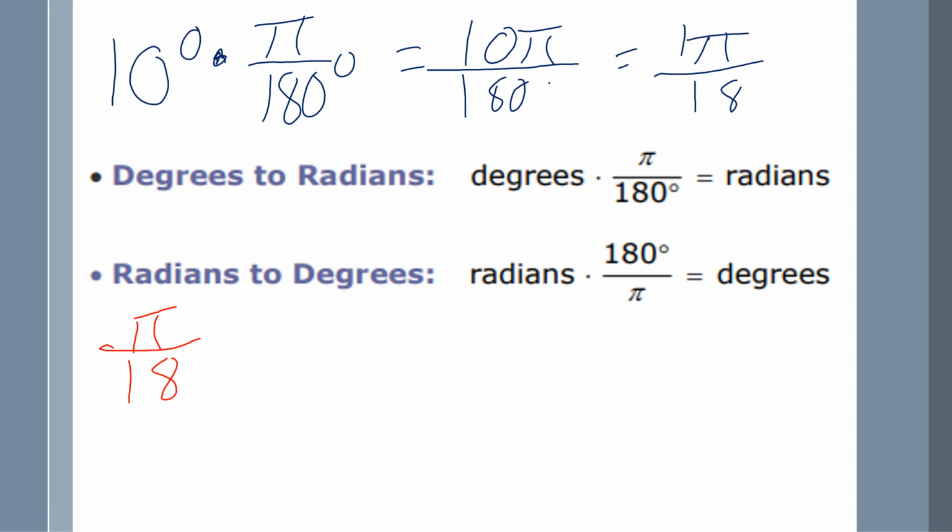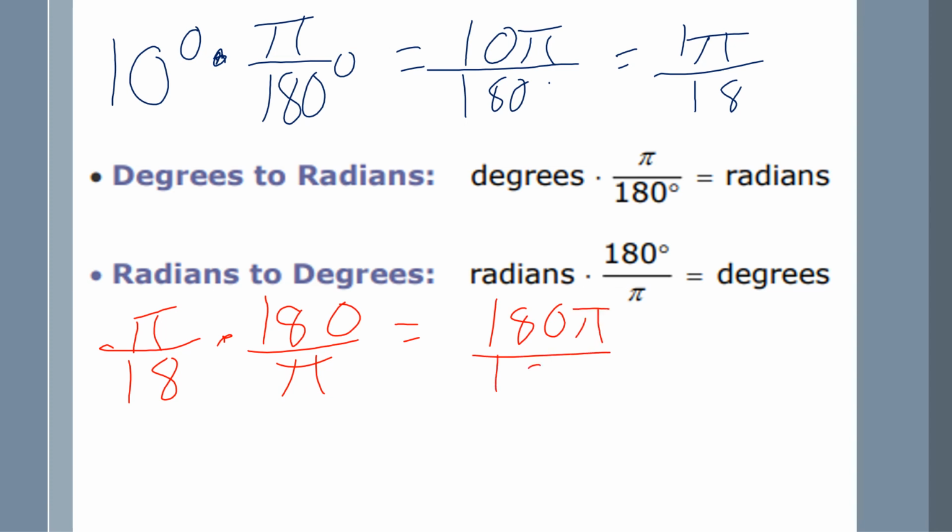So that's my radians times 180 over pi. So that gives me 180 degrees over 18 pi. And guess what? 180 divided by 18 is just 10. The pi disappears, and guess what? I got 10 degrees. Just like that. The easiest thing that you ever had to do in this. All right?